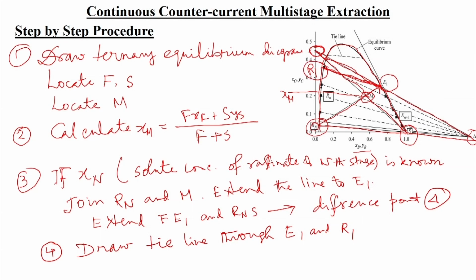Whatever raffinate is obtained from stage 1, that is nothing but the feed to stage 2. Okay. And now, we have this delta. If we repeat this, we can say the next stage will be like this.